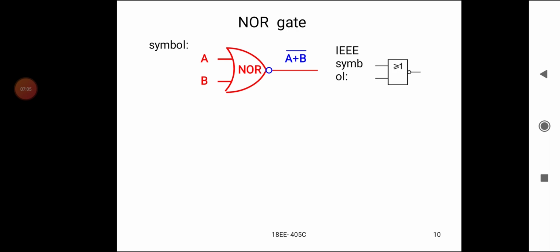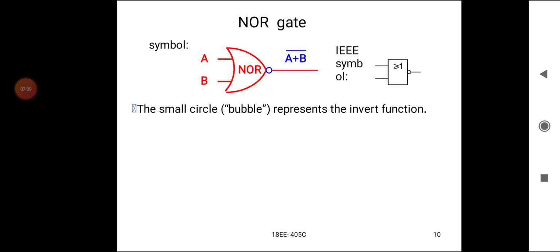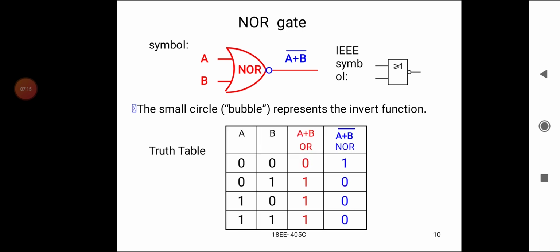The IEEE symbol is shown in the slide. The small circle, or bubble, represents the invert function. Truth table as given: A B inputs 0 0, 0 1, 1 0 and 1 1. The OR function A plus B: 0 plus 0 is 0, 0 plus 1 is 1, 1 plus 0 is 1, 1 plus 1 is 1.